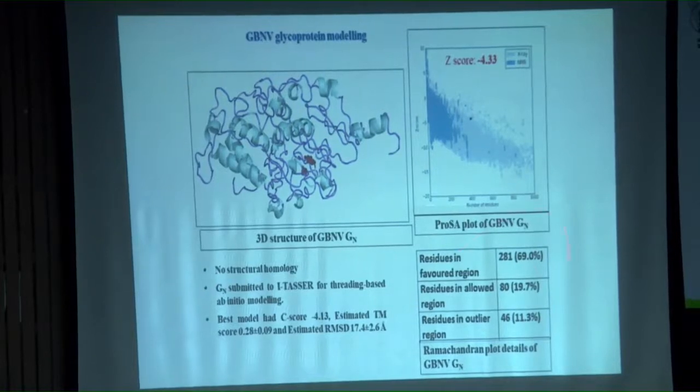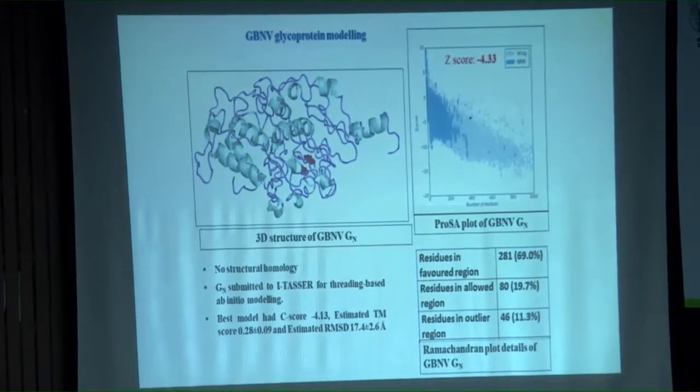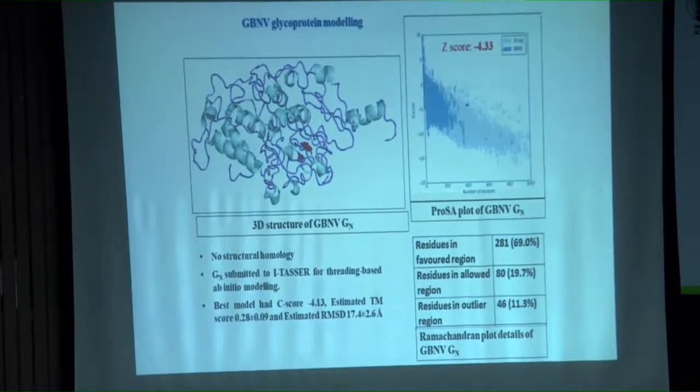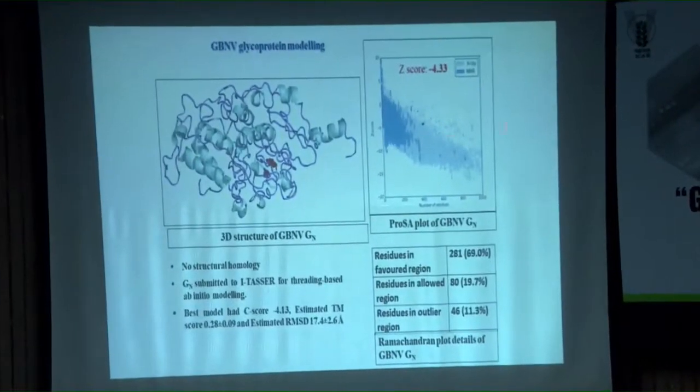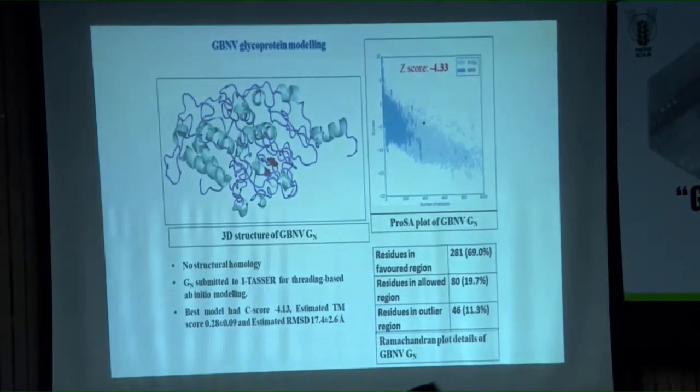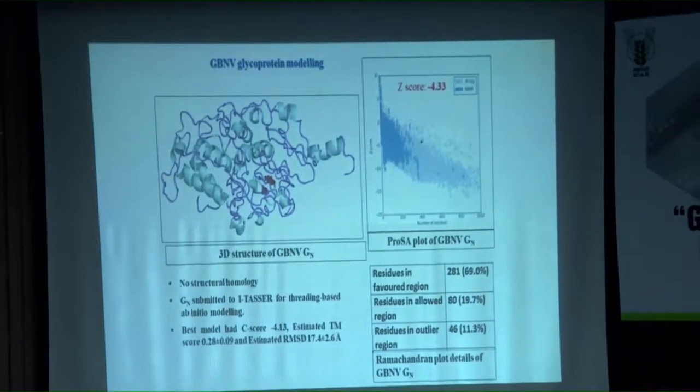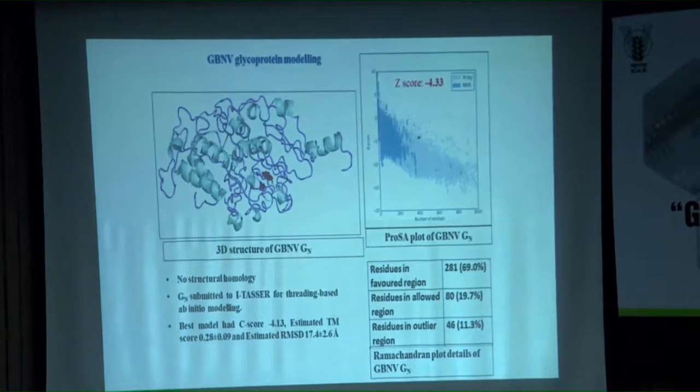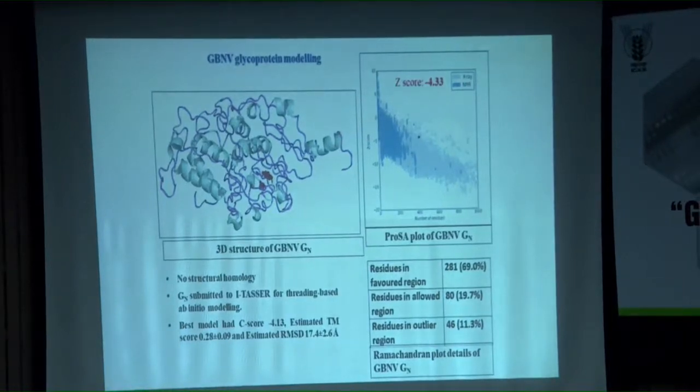Rampage signifies how many residues fall in the favored or outlier region. Let me describe this picture. In the PROSA analysis, there are two types of dots, one gray and another dark blue.